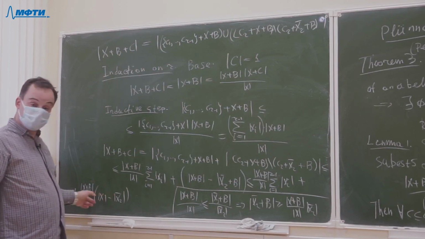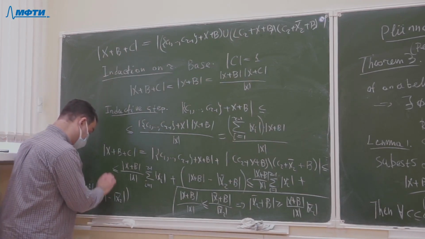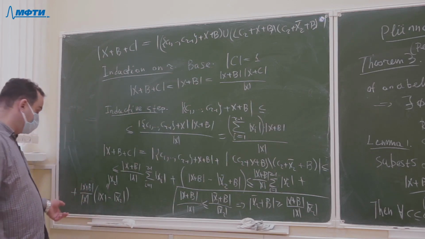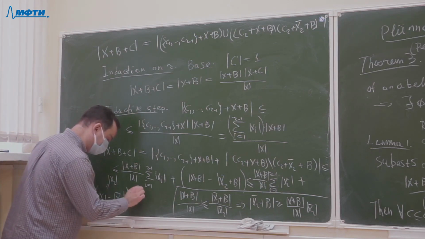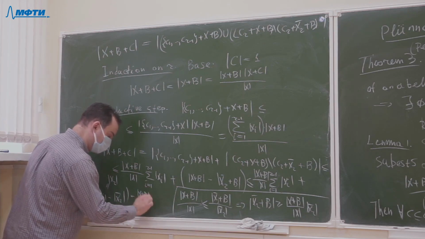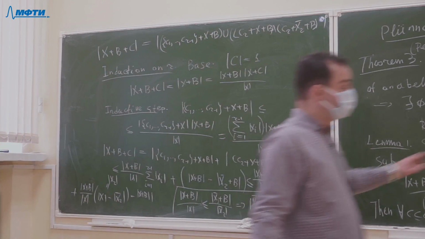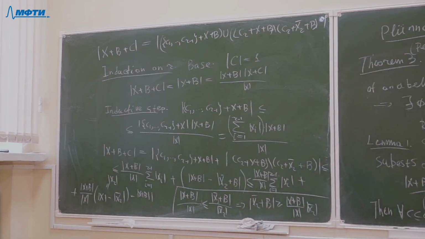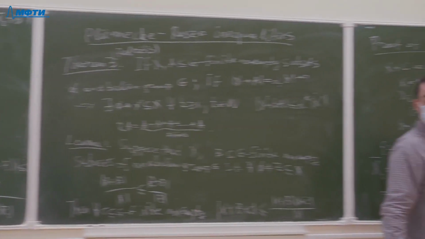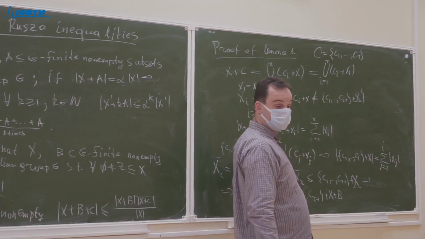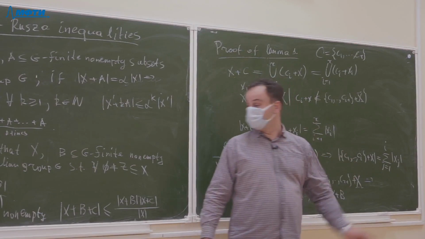But X minus X_r complement is X_r. So this is X plus B by the sum of x_i from i till r, which is X plus C. Good.